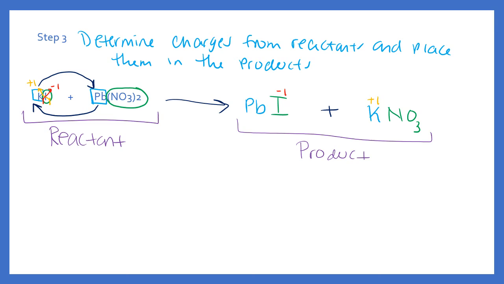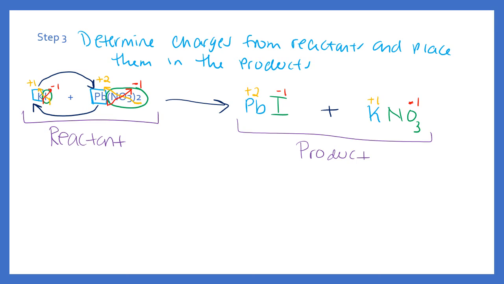So I see the 2 outside the NO3, and there is a 1 between the lead and the nitrate. So if I reverse crisscross, that 2 swings up and means that lead takes a +2 charge. And that 1 after the lead swings up and tells me that nitrate takes a -1 charge. So lead takes a +2 charge, and nitrate takes a -1 charge.